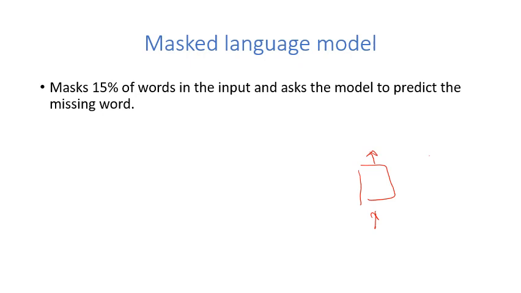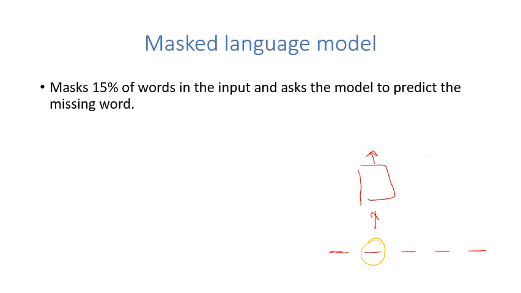So here is a pretty interesting idea that they had. I can define a task here, and the task is that if I mask a word in the input, I want my model to predict that word. So I have a sentence, I'm going to mask a word here, and then pass everything else to my stack of encoders.